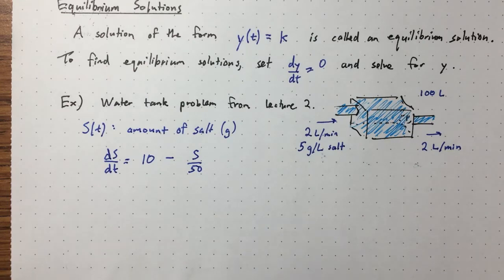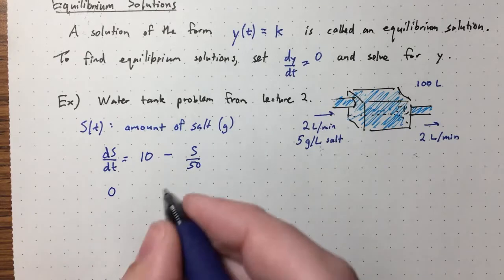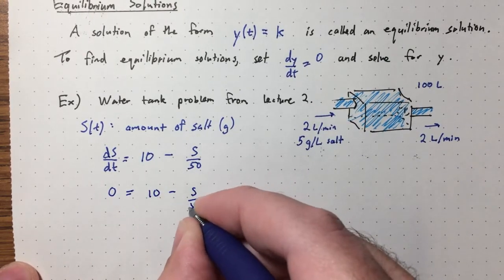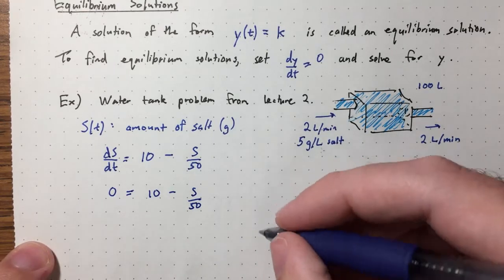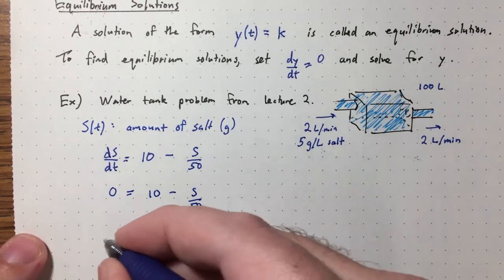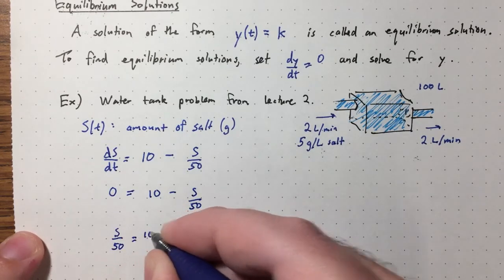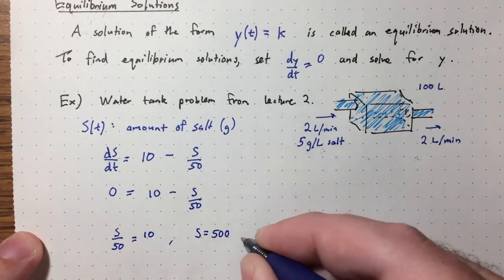And it turns out there is such an amount. To find that, we set dS/dt to 0. We get 10 minus S over 50 equals 0, and then we solve for S. So S over 50 is 10, which means S is 500 grams of salt.